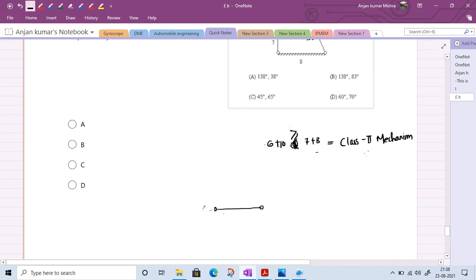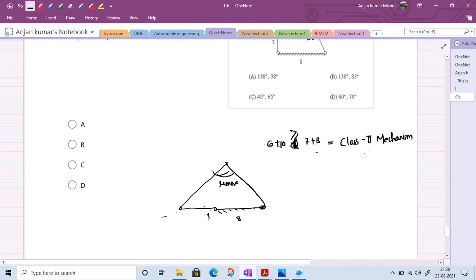So this is the fixed link here. To find out maximum transmission angle, the angle theta between the crank and the fixed link should be 180 degree. So this is your mu max.